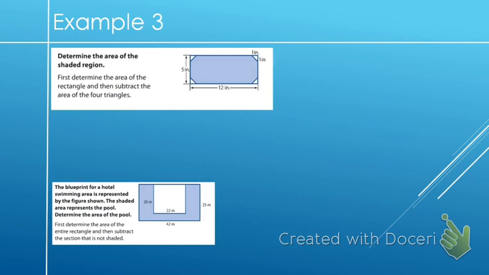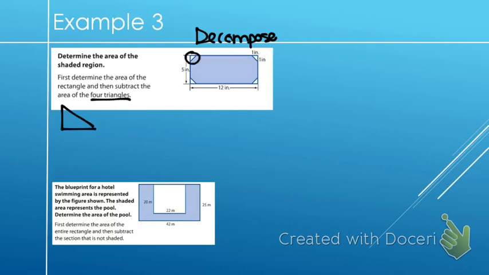Okay, here's our example 3. If you notice now, we're not composing, we are now decomposing. Okay, so decomposing is to take the shapes apart. Okay, so if you look here, you need to determine your shapes. So I know I have a triangle. Okay, we have 4 triangles.